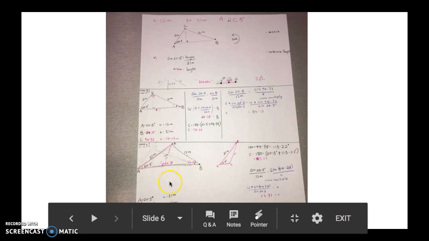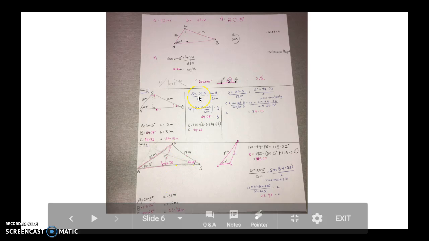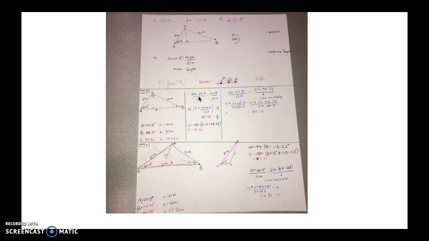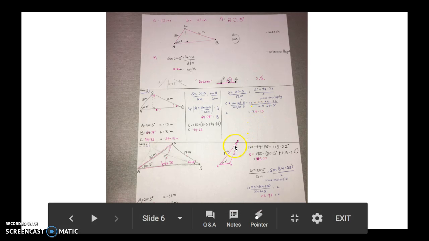Well, in the second case, I know that I'm going to have to use the same information. The angle A, side length A, and side length B have to be part of my solution. So what I need to do is sketch the whole thing, and I've already found the solution for this whole triangle. So I'm going to drop a side length of 12 here.